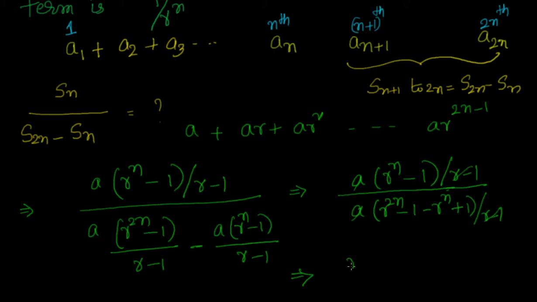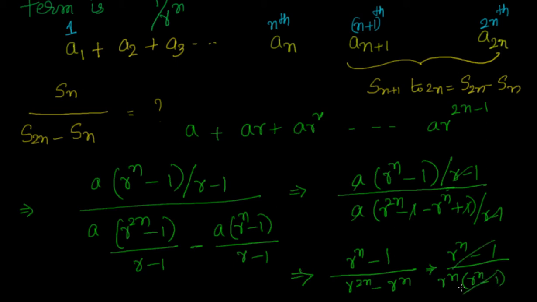What I am left with is r to the power of n minus 1 divided by r to the power of 2n minus r to the power of n. Now I can take r to the power of n common in the denominator. r to the power of n minus 1 cancels out, and that's nothing but equal to 1 by r to the power of n.